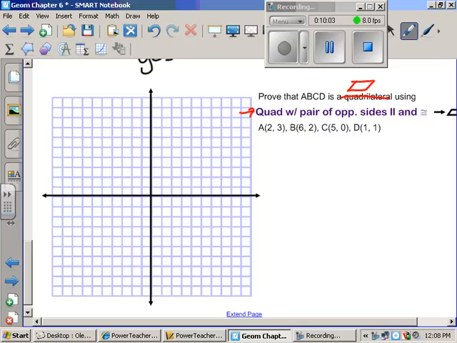So the first thing I have to do is graph my shape. So I have A, B, C, and D. So here's my parallelogram. Okay, and I just have to prove that the opposite sides are parallel.